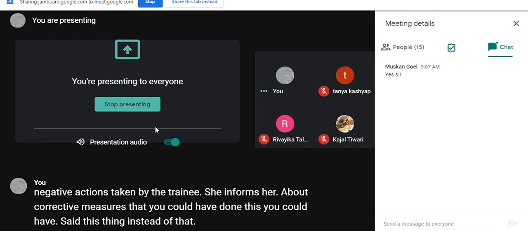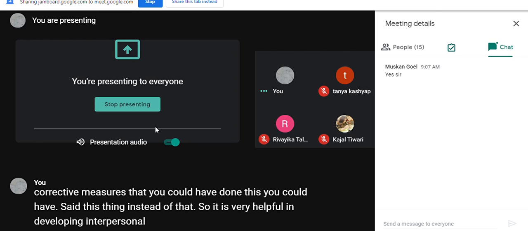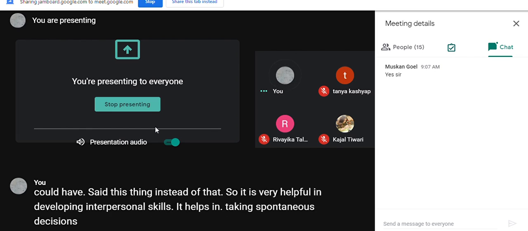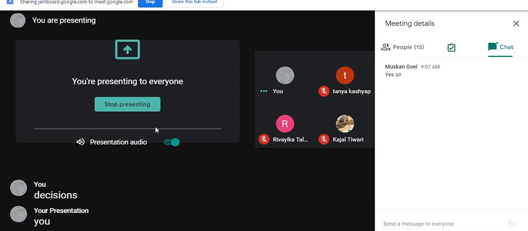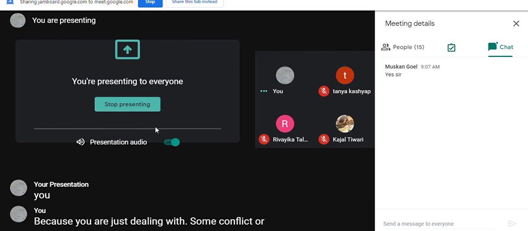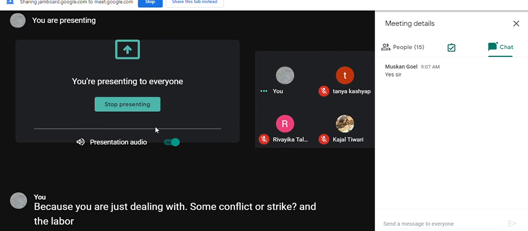So it is very helpful in developing interpersonal skills. It helps in taking spontaneous decisions because you are just dealing with some conflict or strike and the labor union has put up some point, so you have to tackle that point quickly, you have to take immediate action.